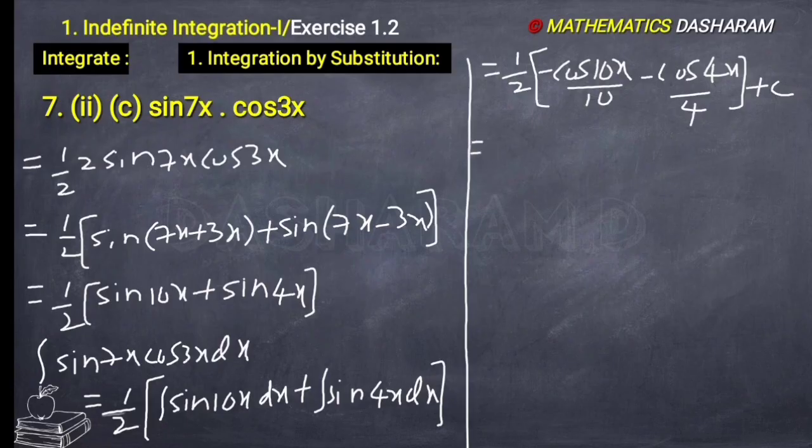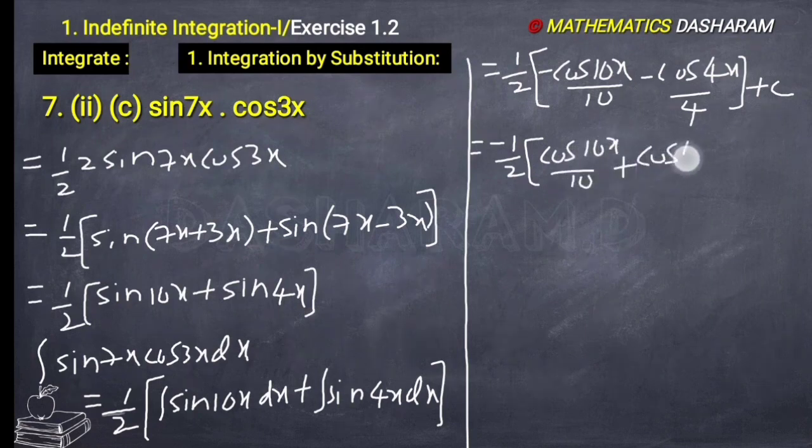So it is equal to, take the minus common: −1/2 [cos 10x by 10 plus cos 4x by 4] plus c is our required answer.